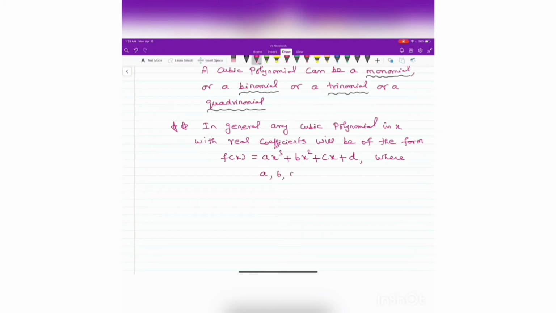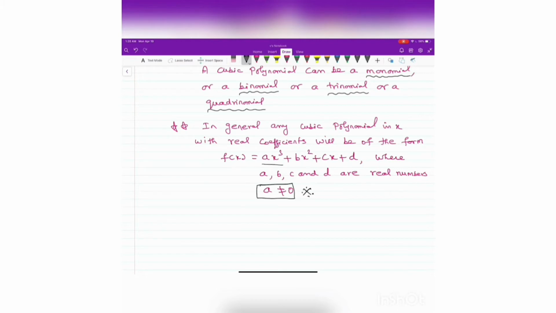A, B, C and D are real numbers. Important condition, A should not be equal to 0. Because if A is 0, then this ax cube will become 0, then this will not be a cubic polynomial, it will be reduced to a quadratic polynomial. So this condition is very, very important.